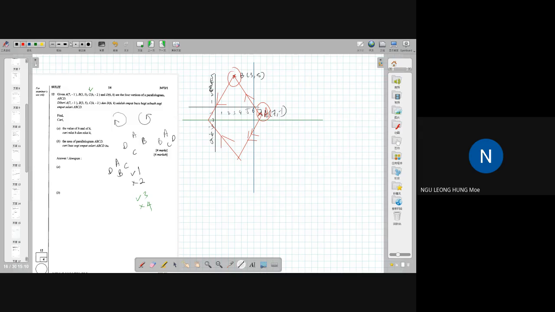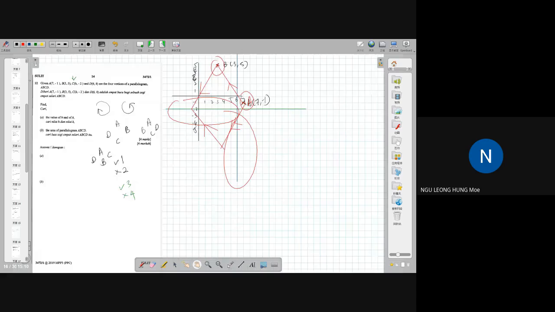That means C will be this part, D will be here. When we make it clear, then we can move to our questions.